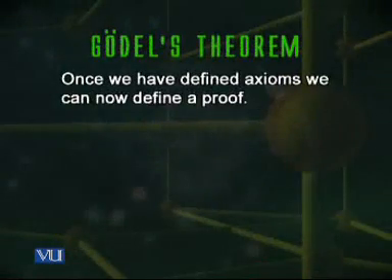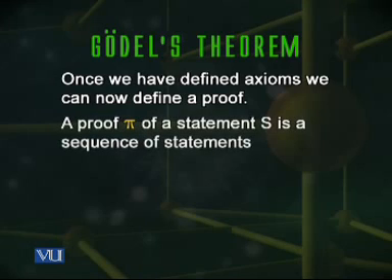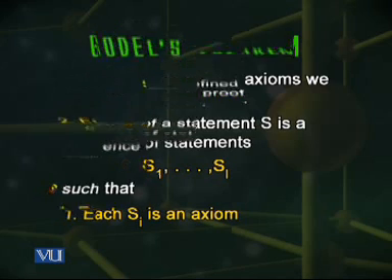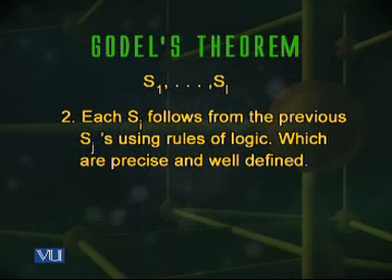Once we have defined axioms, we can now define a proof. A proof pi of a statement S is going to be a sequence of statements S1, S2 all the way up to SL, such that each Si is either an axiom or follows from the previous Sj's using rules of logic which are precise and well defined.